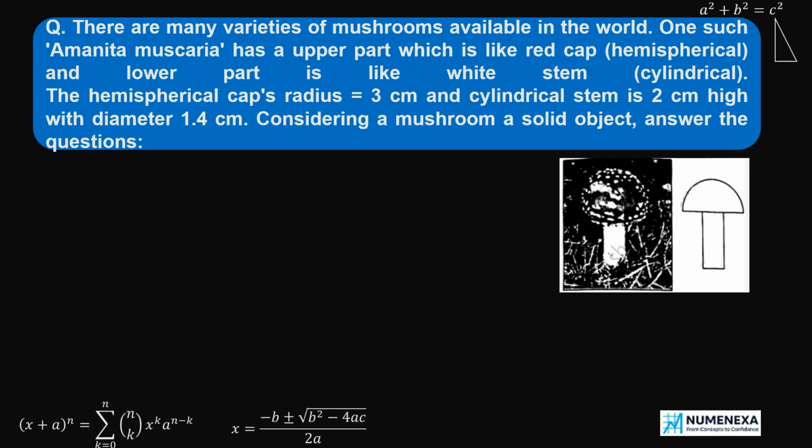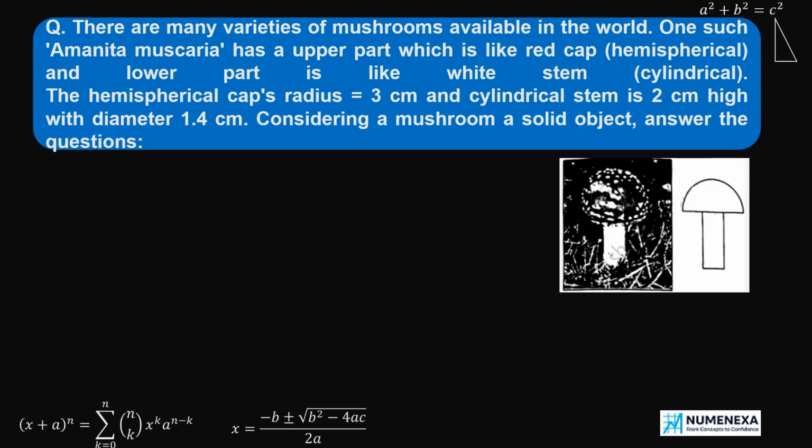The hemispherical cap's radius is equal to 3 cm and the cylindrical stem is 2 cm high with a diameter of 1.4 cm. Considering a mushroom a solid object, answer the following questions.